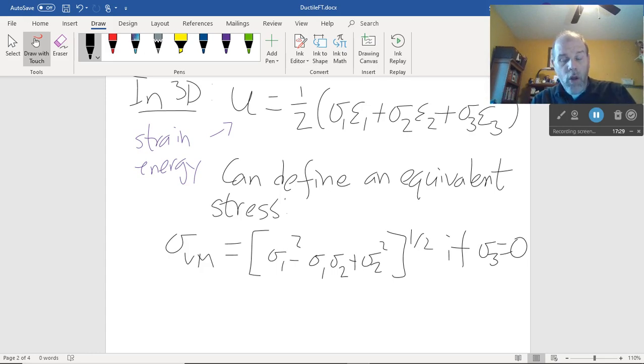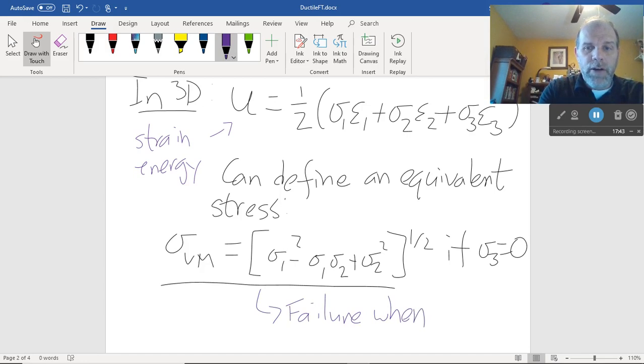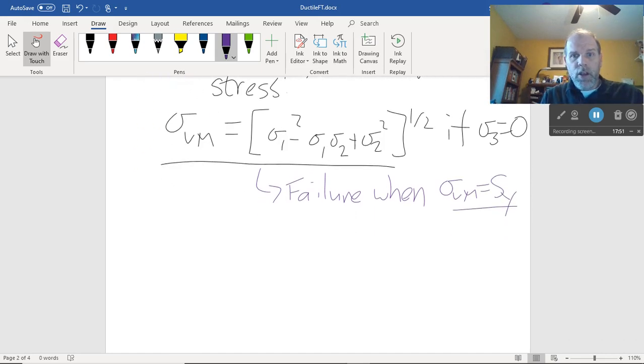So now what that tells us is we're going to have failure when the von Mises stress is equal to the yield strength. Slightly different condition. So I've got 2 theories for the same material, right? Which one's correct?